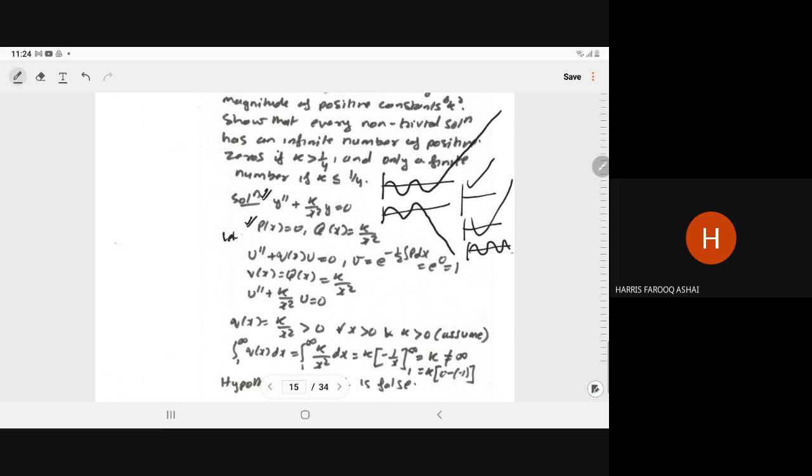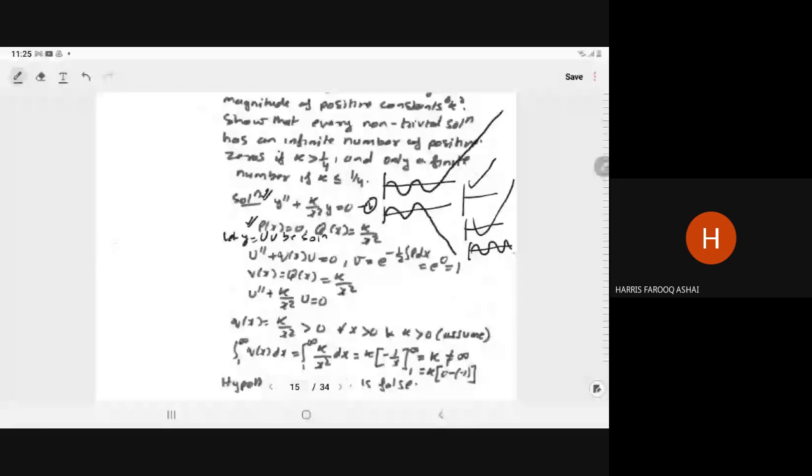So we know that y is equal to u times v, where v is equal to e to power minus half integral p dx. So e to power minus half integral 0 dx is e to power 0, that is 1.